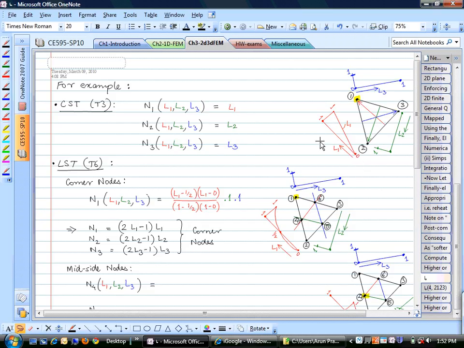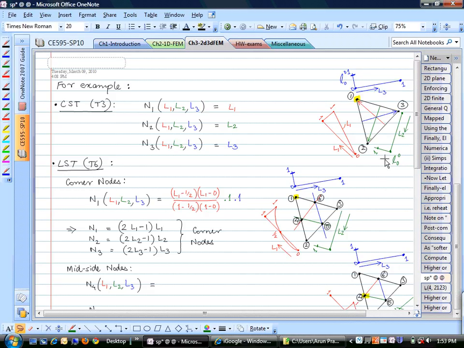So the Lagrange shape function is linear, that goes from 0 to 1. So therefore, this function is nothing but L1. Now the other two shape functions, they are L of 0, comma 0. So this is L of 0, comma 0 in the L3 direction, and this is L of 0, comma 0 in the L2 direction.